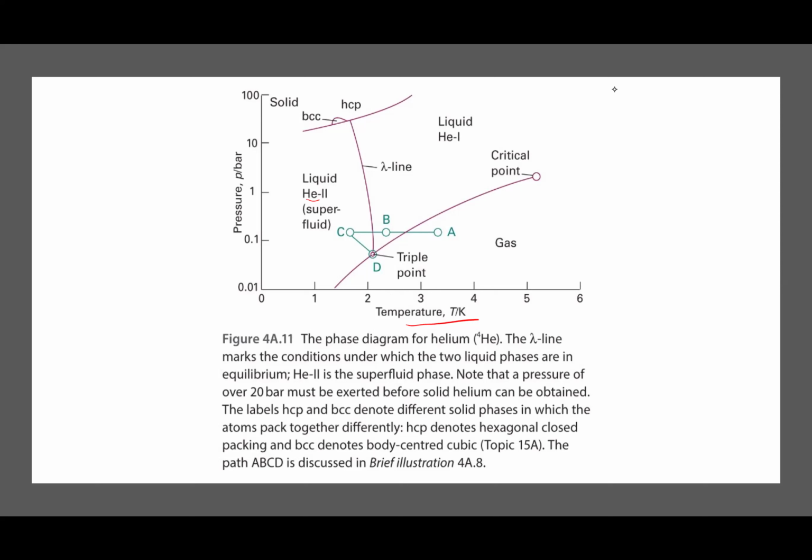But again, this is a very interesting, rare example of having two different liquid phases. If you think about it, because the liquid's molecules can move around a little bit, and it fits the shape of its container, we would expect to have only one liquid phase because it can just be whatever configuration it needs to be.